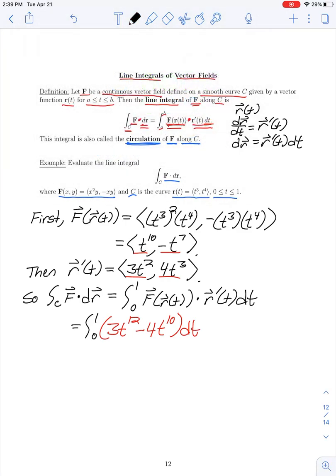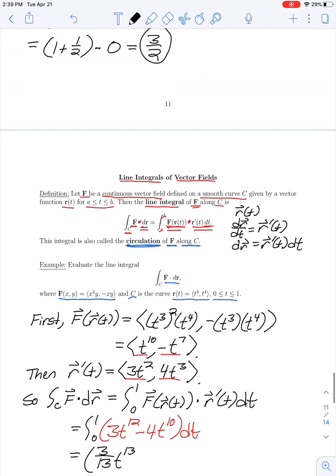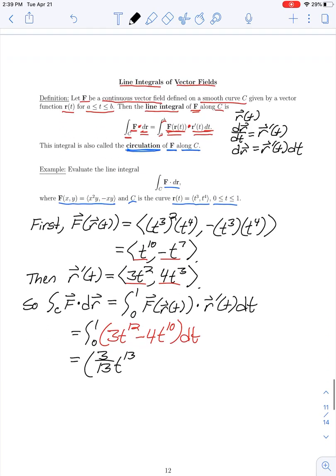So let's see what we have. Evaluating our antiderivative, we end up with 3/13 t to the 13th minus 4/11 t to the 11th power, evaluating from 0 to 1.